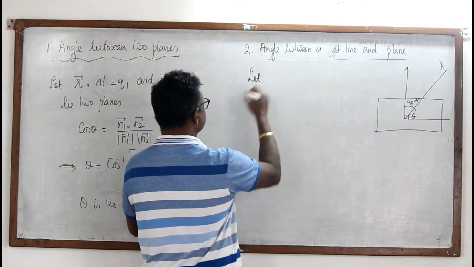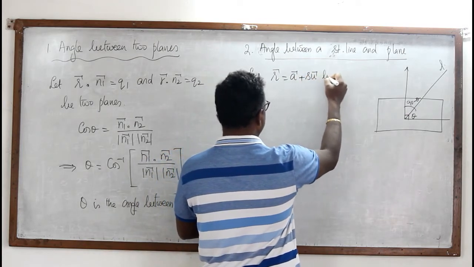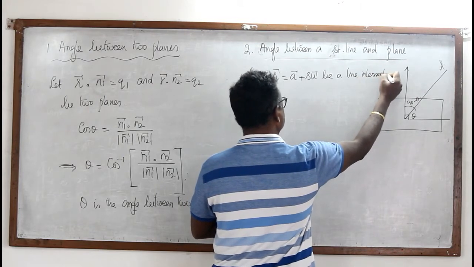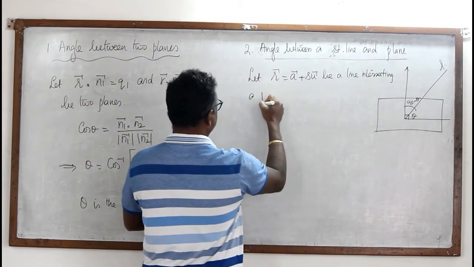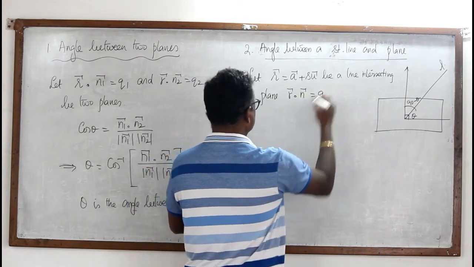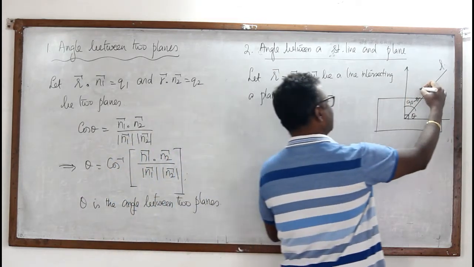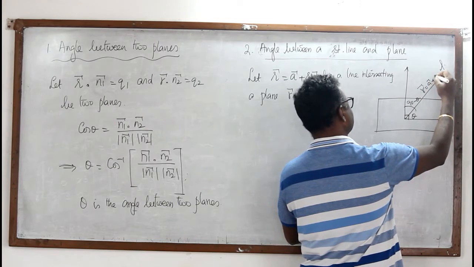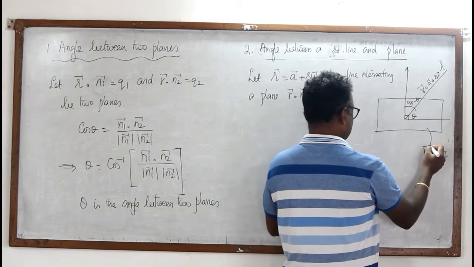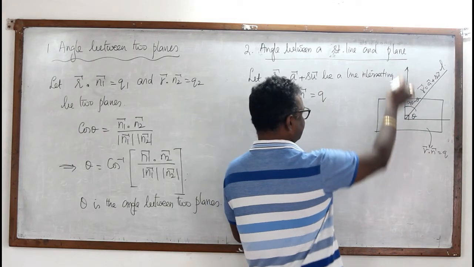So we shall say like this: let r vector equal to a vector plus s u vector be a line intersecting a plane r dot n vector equal to q. Then u vector is the vector in the line, and in the plane, n vector is the normal vector.